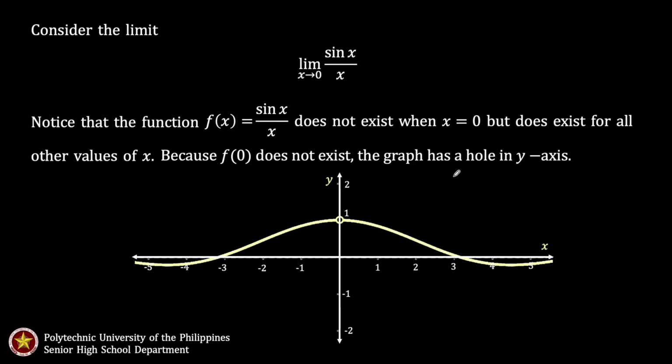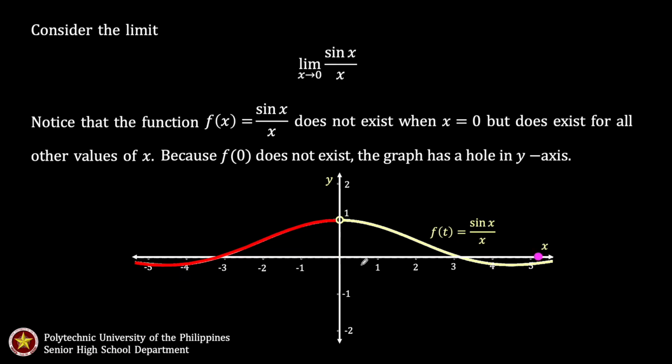So here's the graph of the given function. Now observe that if we have a point located from the left side of the origin, which is x equals 0, as it moves forward into this part, the function values approaching to 1.